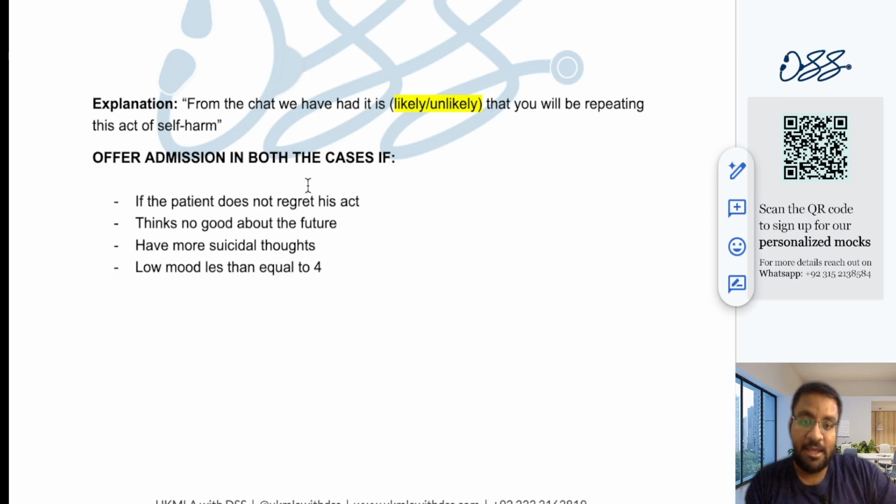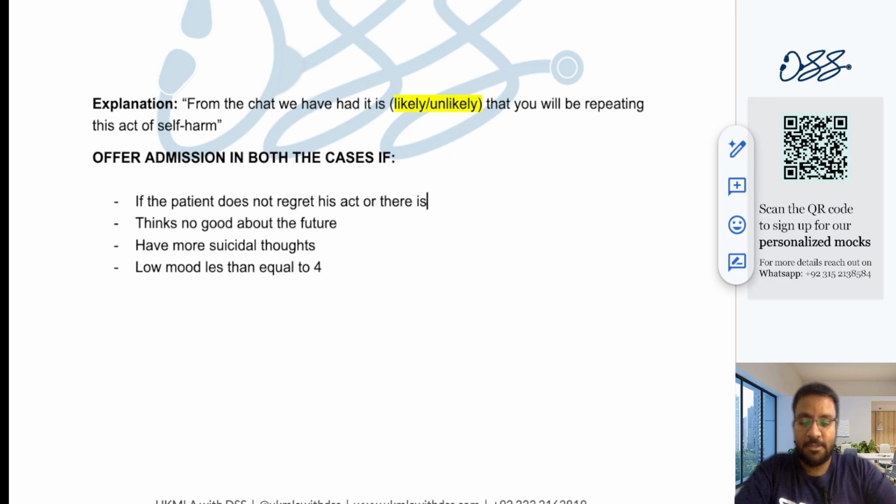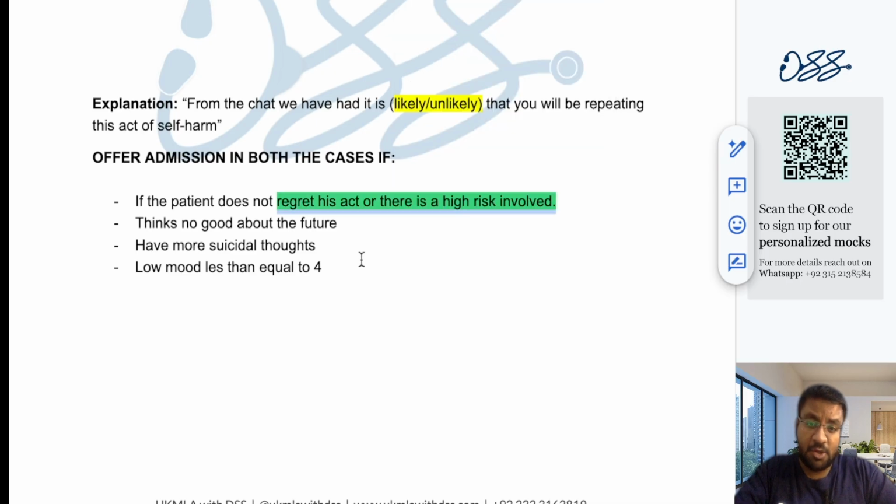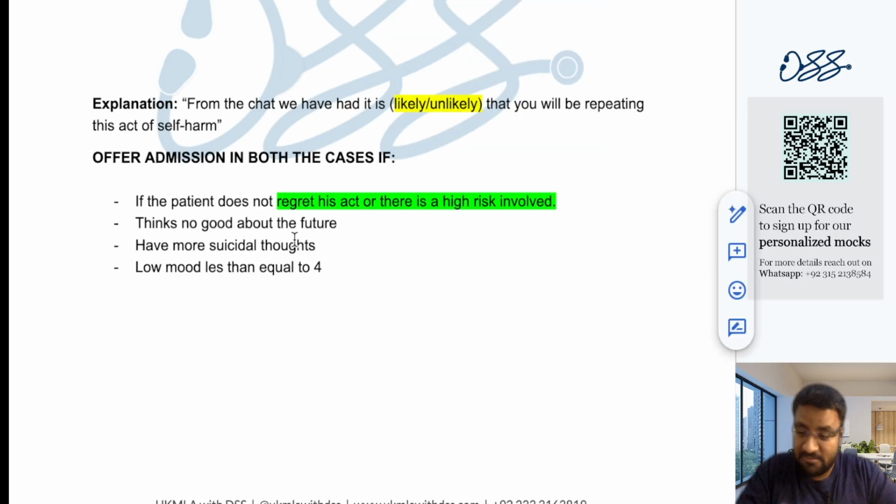If the patient does not regret his act, or there is a high risk involved, you need to definitely admit the patient in this particular case. Then the other case, if the patient doesn't think good about his future, he says, okay doctor, my life is ruined, and I don't know where I'm going with my life, and I think I'm not going to do it again.